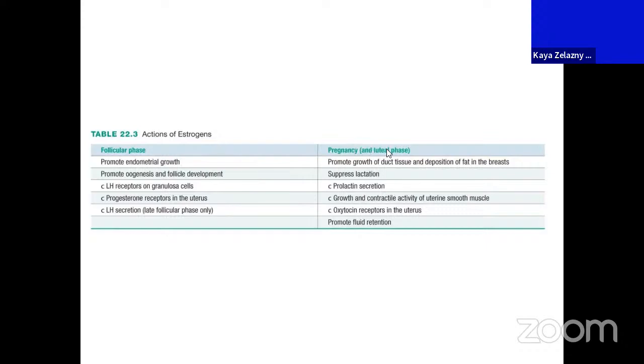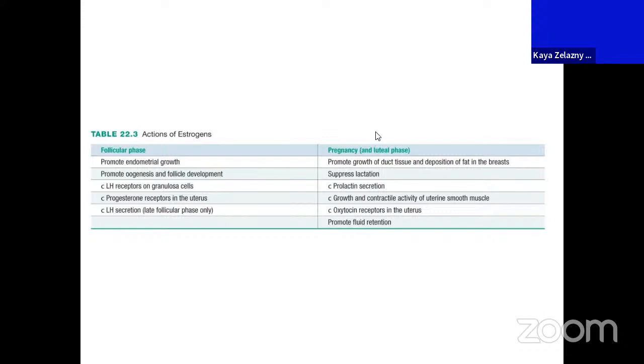And then during the luteal phase or during pregnancy, we'd see a much different kind of role of these estrogens. So if we move forward in time, we either end up with a fertilized egg, or maybe your body just doesn't know and you're just kind of in the luteal phase early on in that.